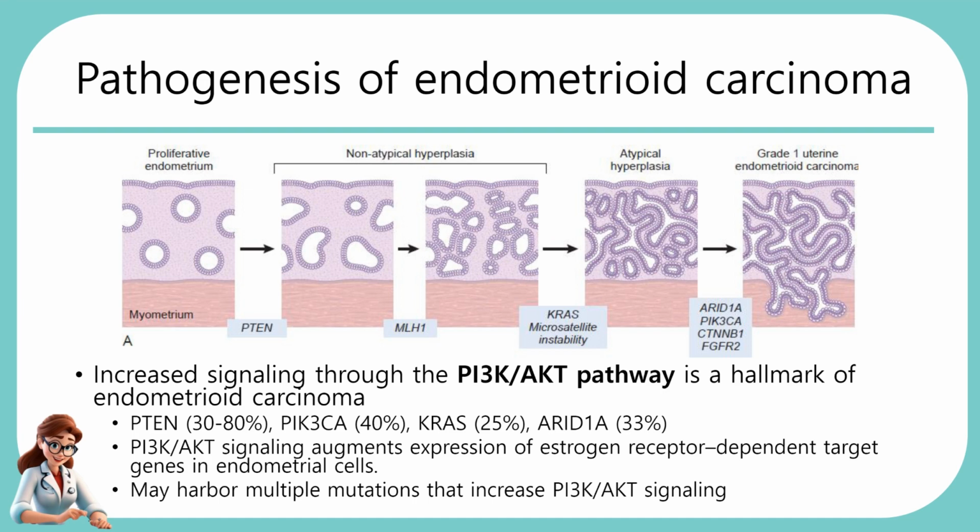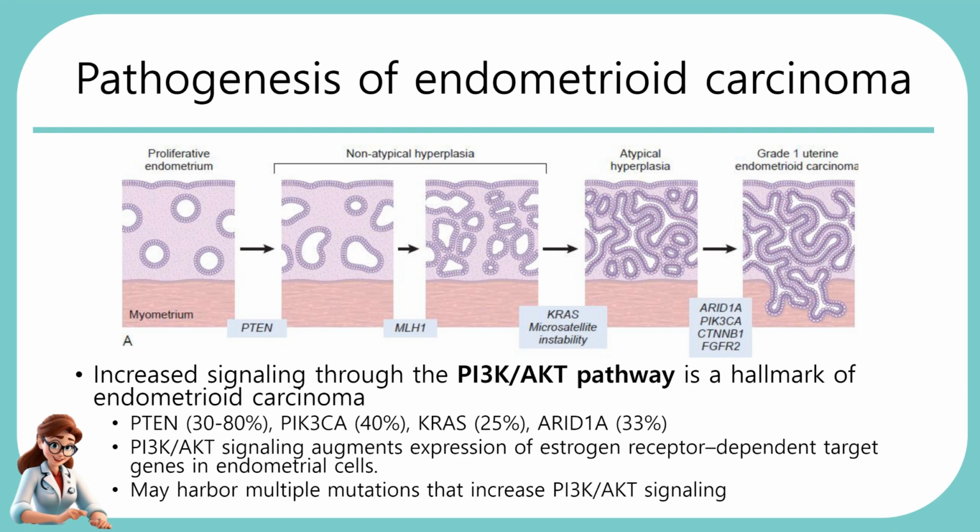PIK3CA, an oncogene that encodes the catalytic subunit of PI3K, harbors activating mutations in approximately 40% of endometrioid carcinomas. PIK3CA mutations rarely occur in atypical hyperplasias, suggesting that mutations in PIK3CA play a role in malignant transformation.